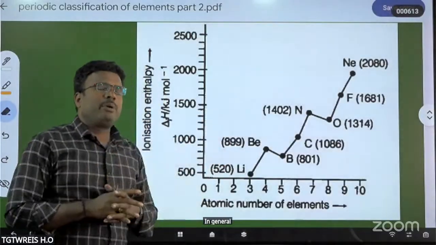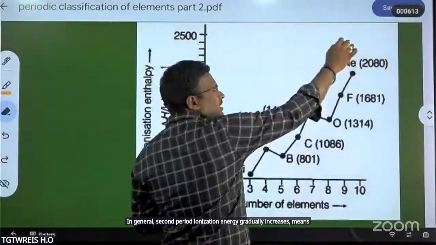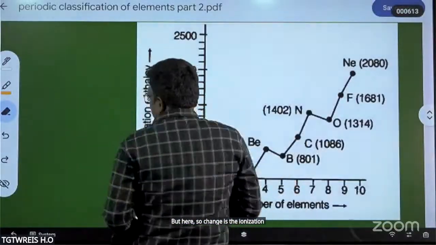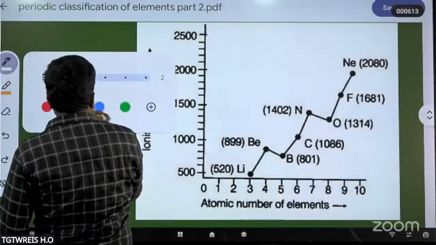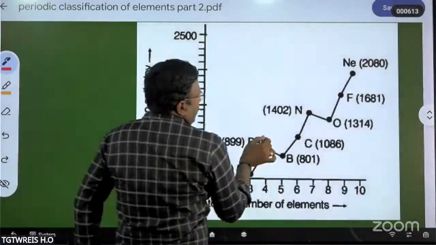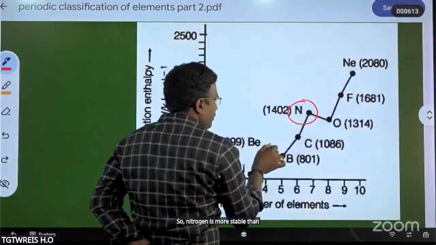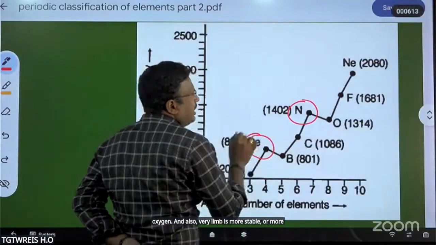In general, in the second period ionization energy gradually increases, meaning it is a straight line, right? But here the ionization energy changes. So a very important thing. Nitrogen is more stable than oxygen, and also beryllium has more ionization energy than boron.